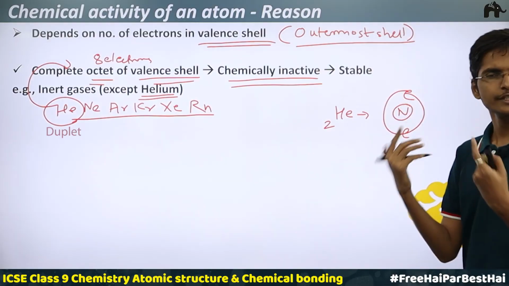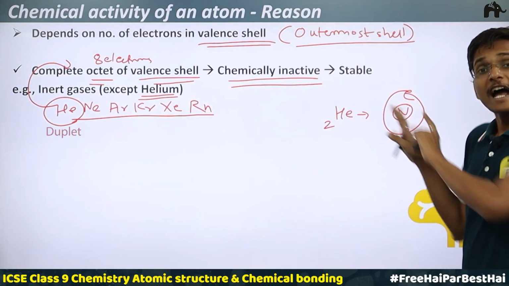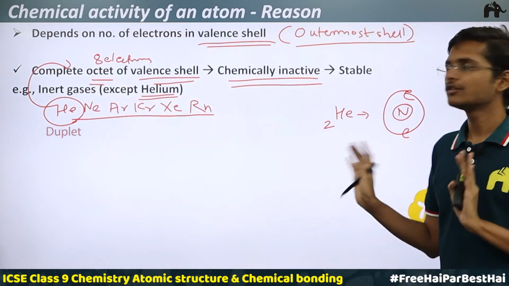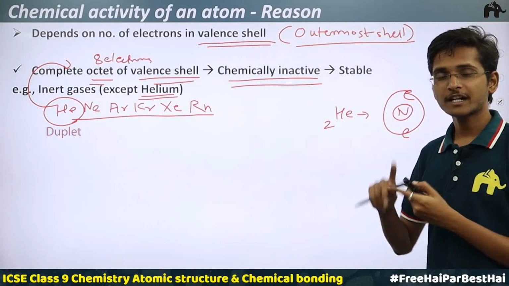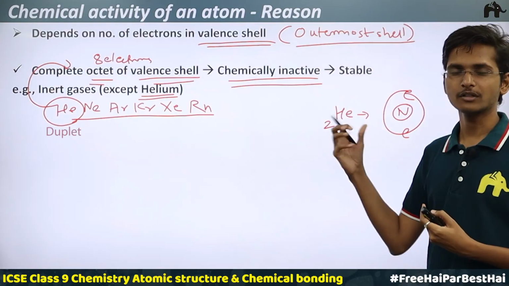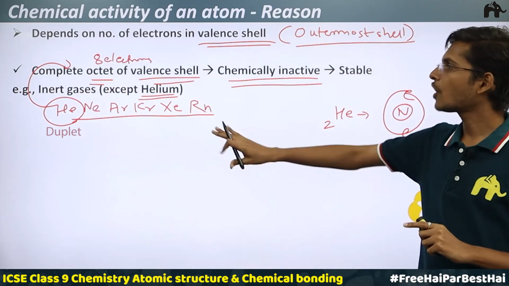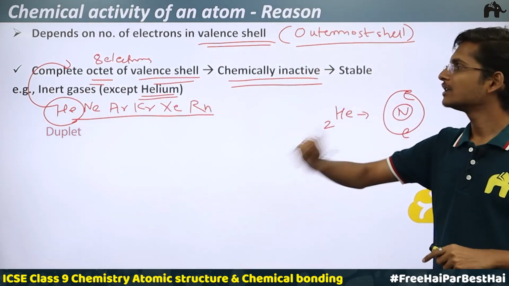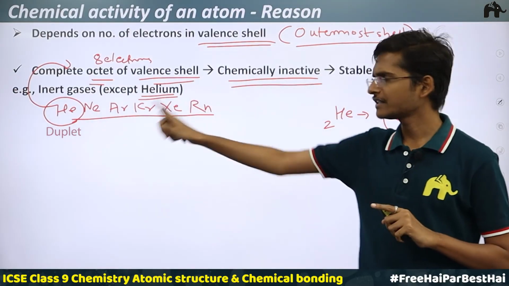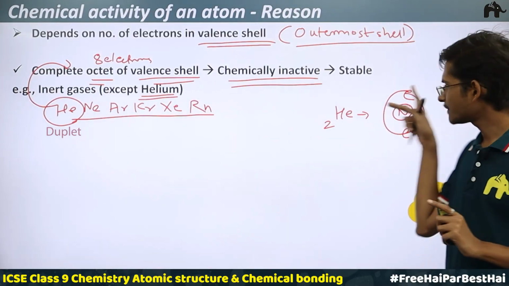They are distributed in the first shell, so it will only have one shell. That shell is its outermost shell, and it is completely filled as well. Since its outermost shell is completely filled, it doesn't feel the need to interact with the atoms of other elements, or its own type, other helium atoms as well. So here the logic behind the inactivity is the complete octet of the valence shell. Clear with this point? And in case of helium, it is the completely filled first shell, which has 2 electrons.